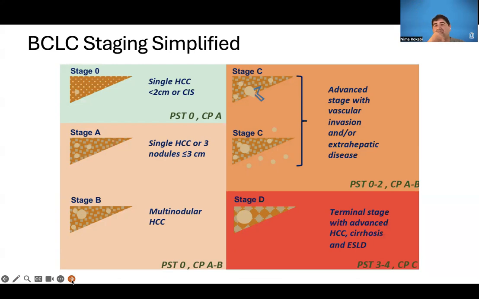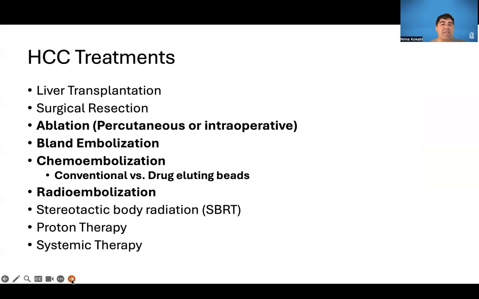For example, if somebody has a small tumor but very poor liver function, a Child-Pugh C patient, and if they're not a liver transplant candidate, then based on BCLC staging, you should not treat those patients, because the mortality for those patients is dictated not by the tumor burden, but by the underlying liver disease itself. Again, we're not going to delve into that much, but I wanted you to be aware of the staging.